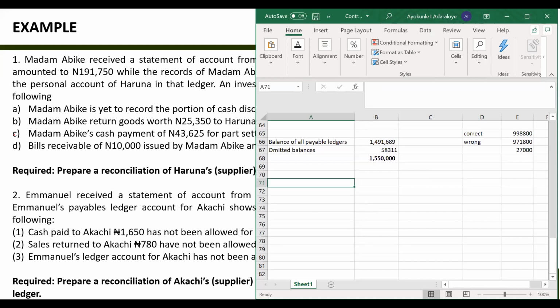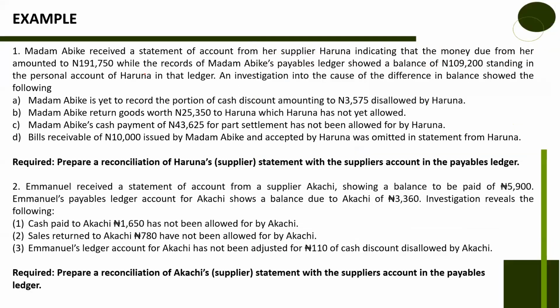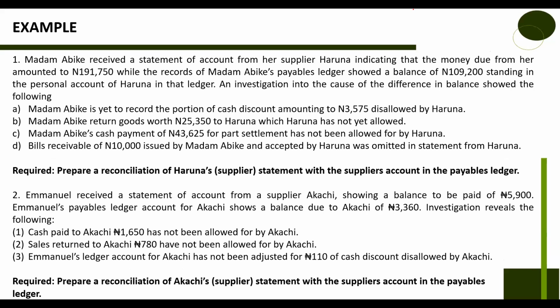Madam Abike received a statement of account from the supplier, Aruna. So Aruna is the supplier and Madam Abike is the customer. This is what we are going to do: take the balance on the statement and the balance on the ledger, then adjust both sides together.